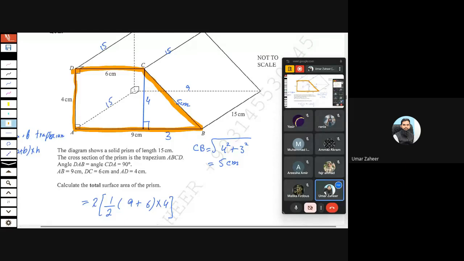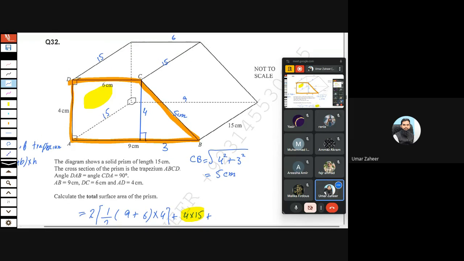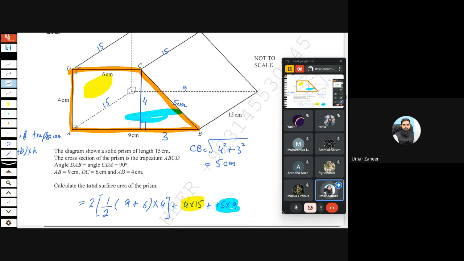Okay. Now let's see how to find the area of a rectangle. That is 4 multiplied by 15. I'm talking about this one. Is it clear? Now let's see how to find the area of the bottom rectangle, that is 15 multiplied by 9. I'm talking about this base. We have the top rectangle, that is 6 multiplied by 15.